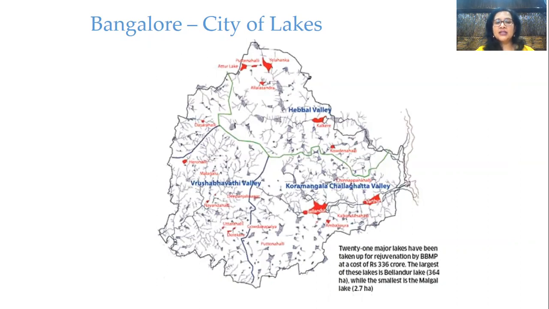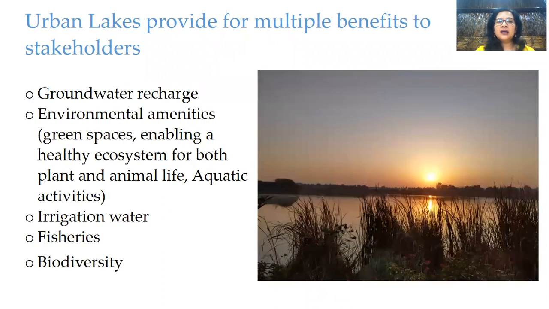You can see here that Bangalore city is located in 3 valleys, and each of the valleys has a network of lakes. Again, the point to note is that these are not natural lakes, but man-made lakes which historically were used for irrigation.